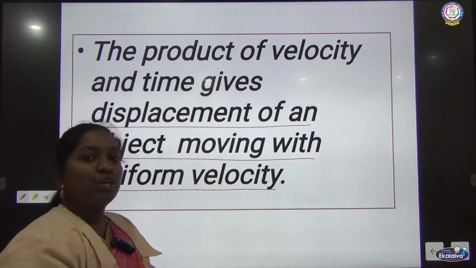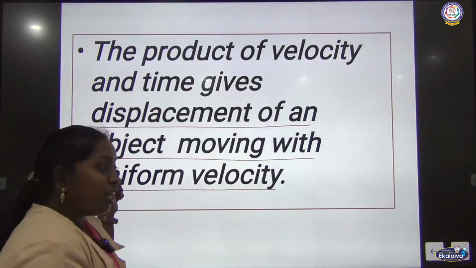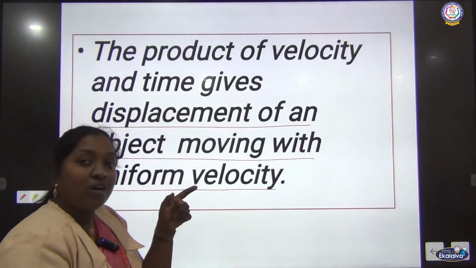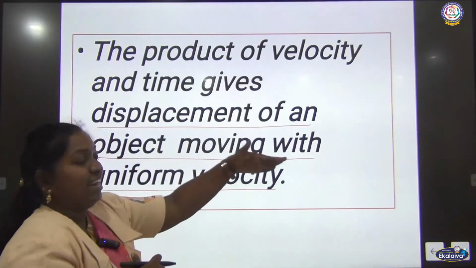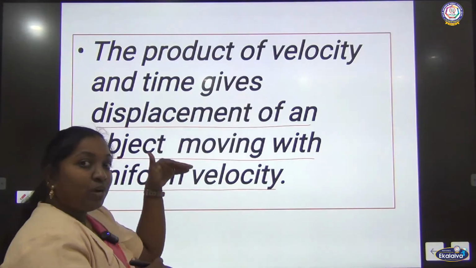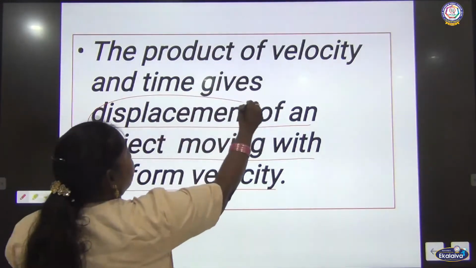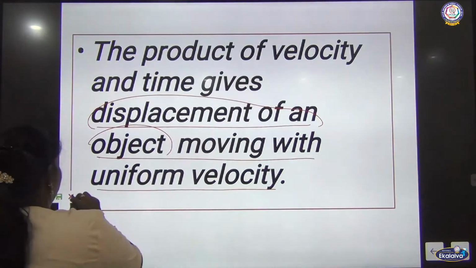This is the first thing we learned about this velocity time graph: the displacement of an object that moved while maintaining a uniform velocity. This is the first one.